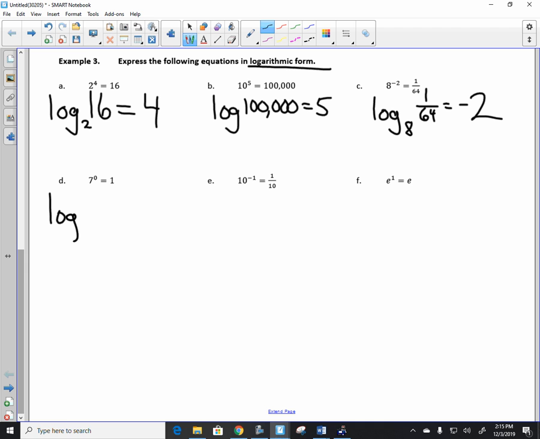Log, do I need to write the base? No. Log of 1/10 is -1. This time I write natural log. I don't have to write a base of e. ln of e is equal to 1.